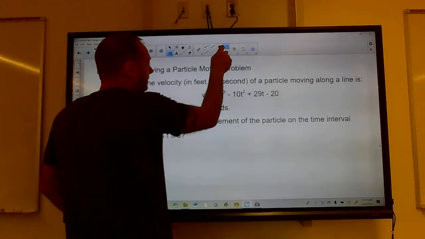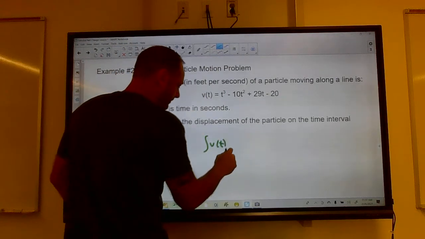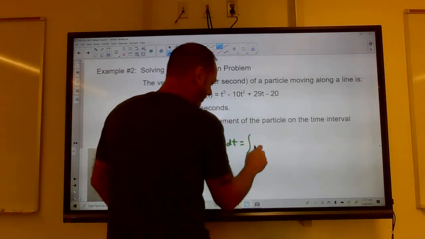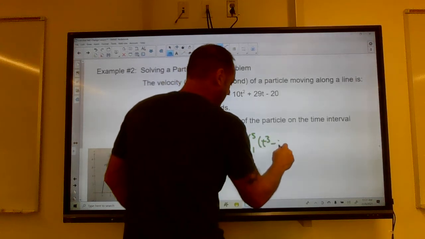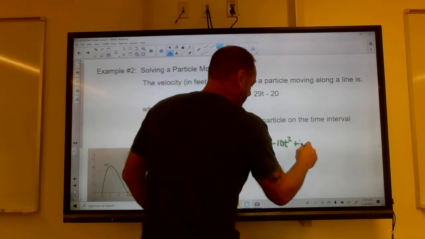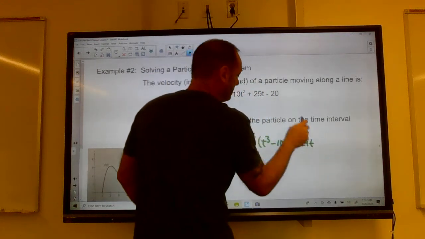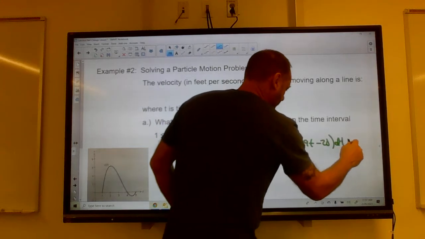So here's what we're going to do. We're going to integrate v of t dt. So it's going to be the integral from 1 to 5 of t cubed minus 10t squared plus 29t minus 20 dt.